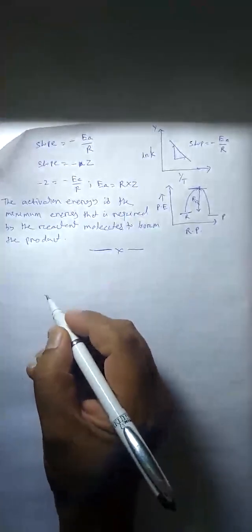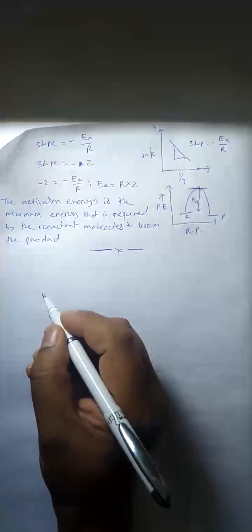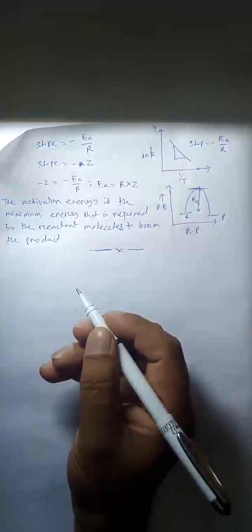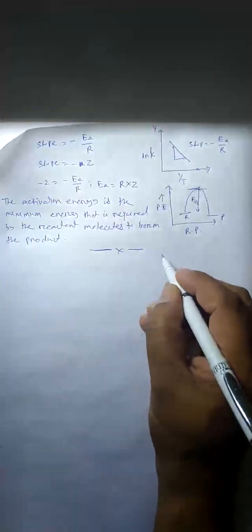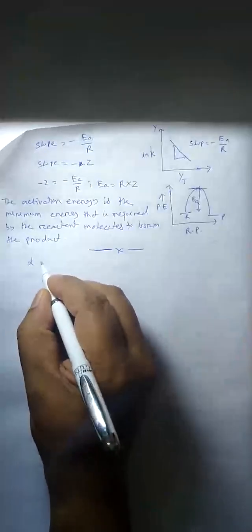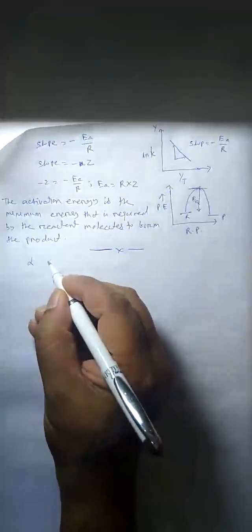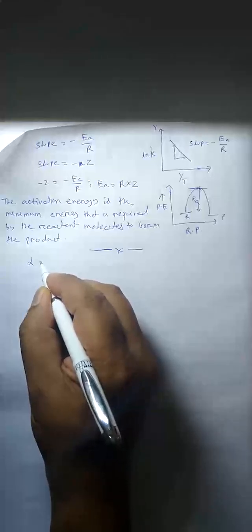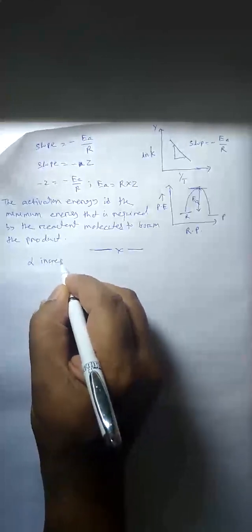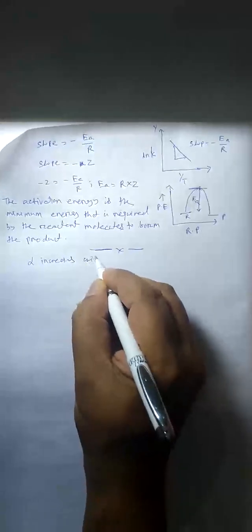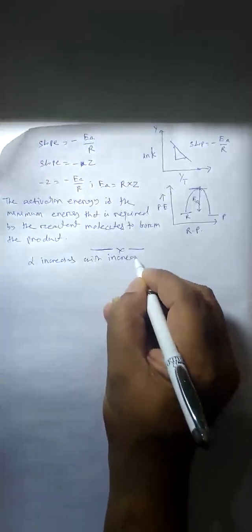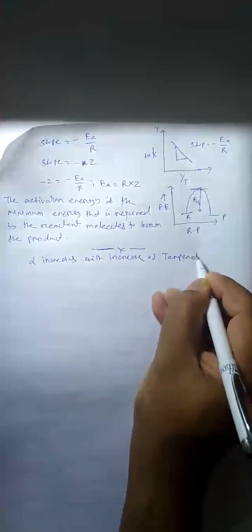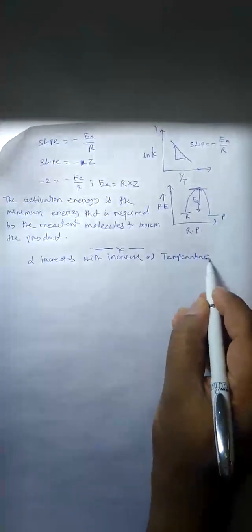We know that degree of dissociation, that means alpha, increases with increase of temperature because dissociation is an endothermic process.